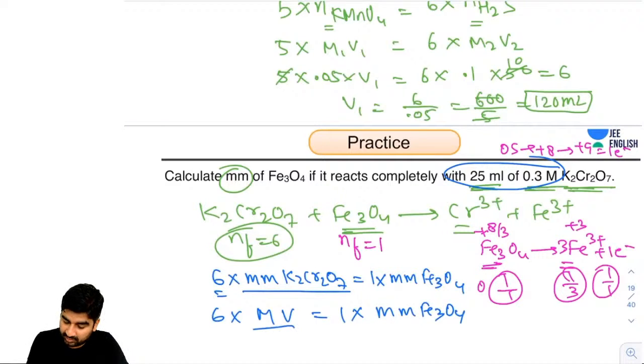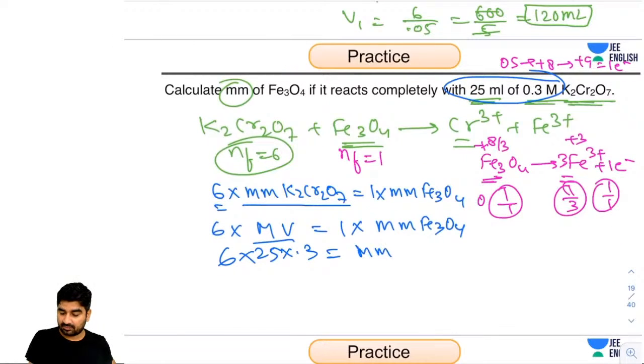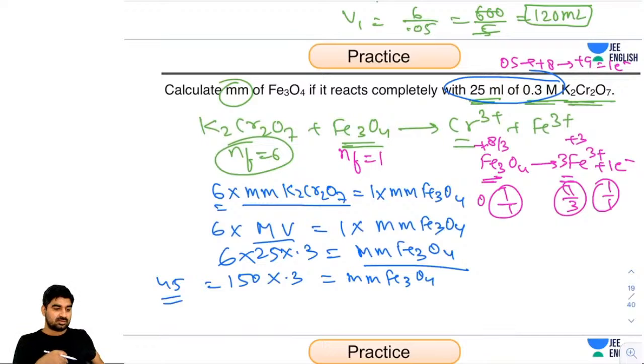Molarity is 0.3 and volume is 25, and you have 6. Yes guys, just do it. So how many millimoles of Fe3O4 are there? How many millimoles? 45.